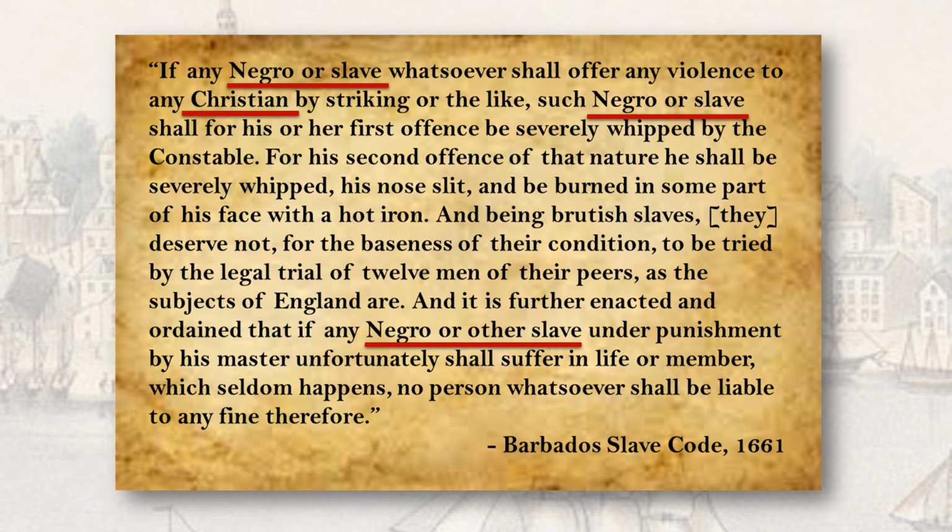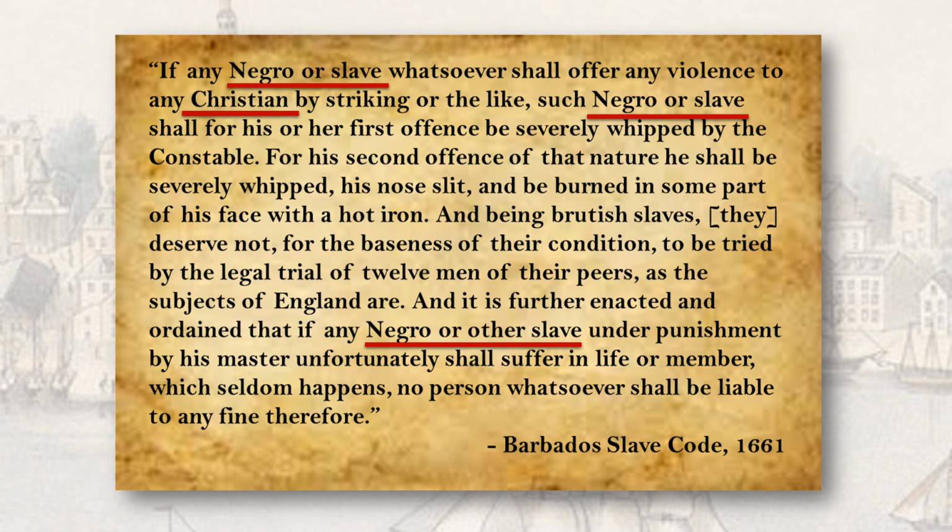But there is not a different punishment between those slaves that are identified as Negro and those slaves that are identified otherwise. So this document suggests to us that in the mid 17th century, there is not much of a legal distinction between enslaved people who are identified as Negroes and enslaved people who are identified as something else or other slave.